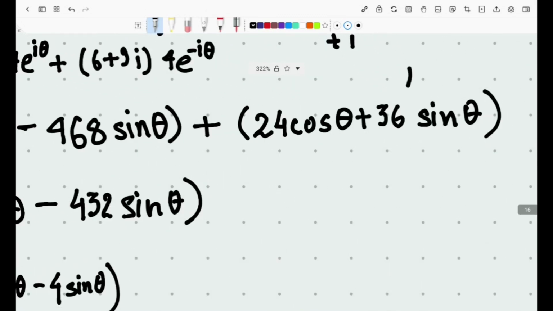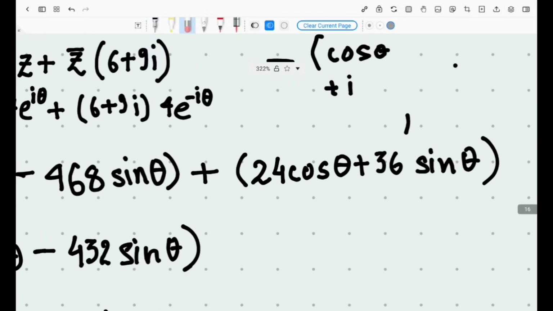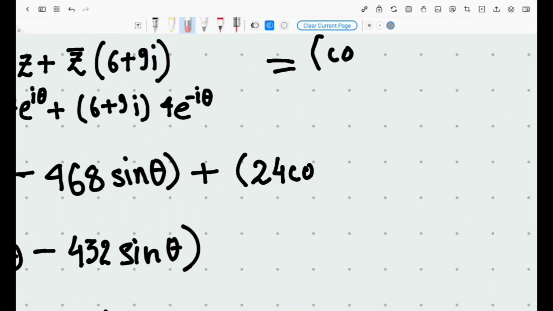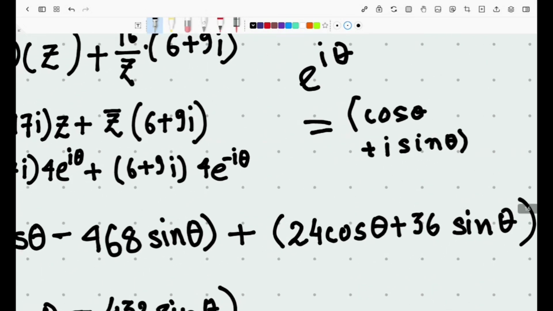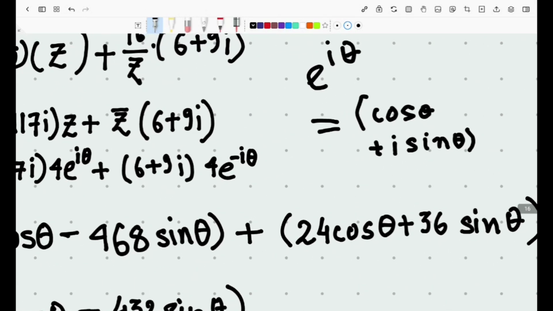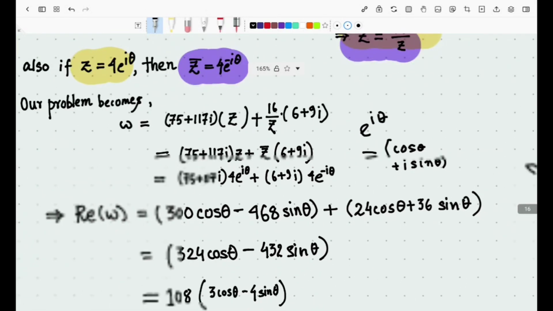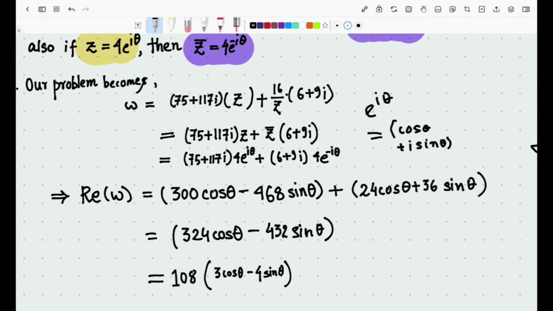I have just simplified the value of e to the power iota theta, nothing big about it. So after that what I have done is I have just focused on the real part. Now it is very easy to focus on the real part, right?